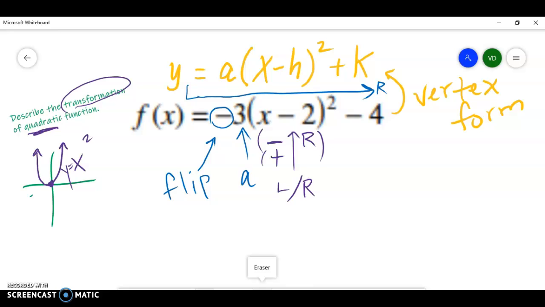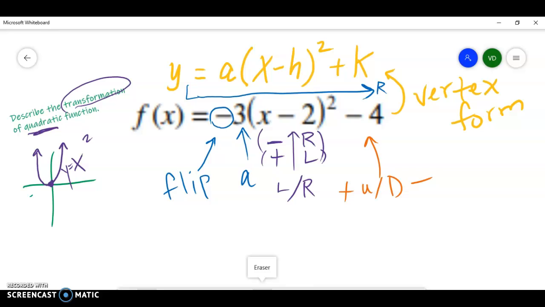Plus inside parentheses would make it go left. So anytime you see parentheses, you've got to think opposite. Now we have to talk about the number over here, that k value. That is what makes it go up or down, and these are just regular: up is plus, minus is down.